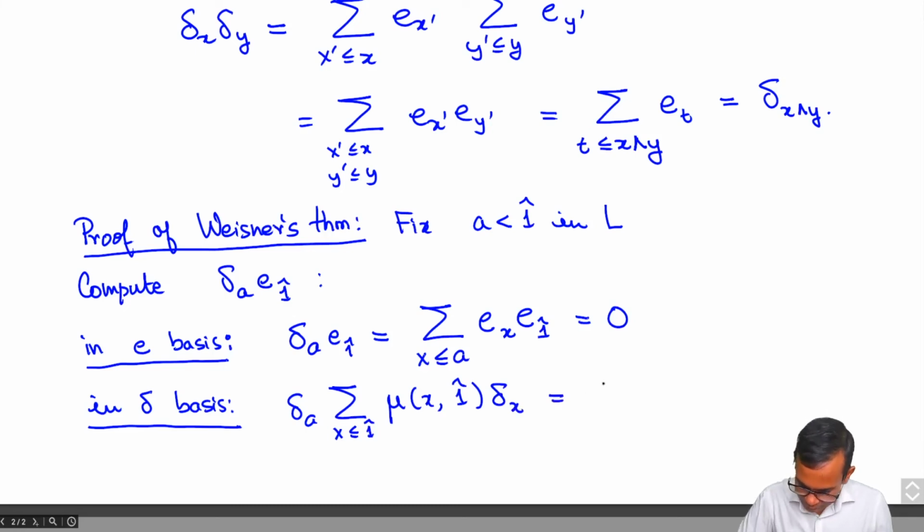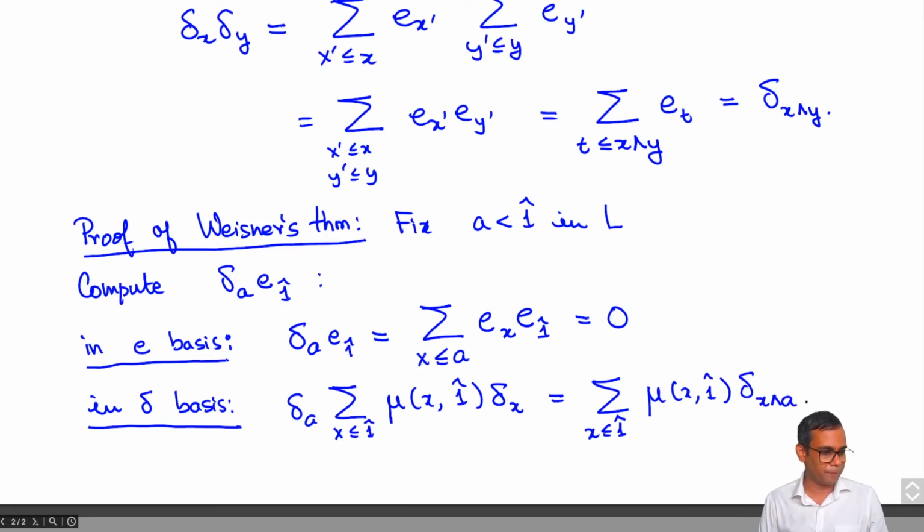So this is just the sum over x less than or equal to 1 hat, which is all elements in L, of mu(x, 1hat) delta_{x meet a}.